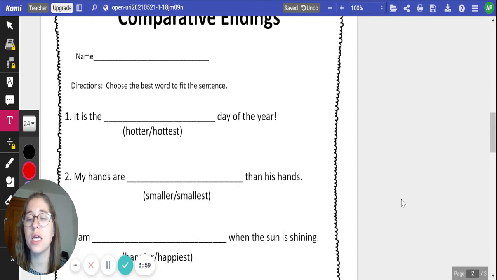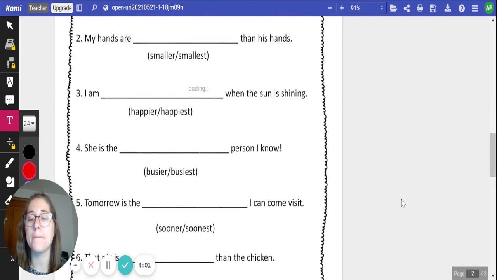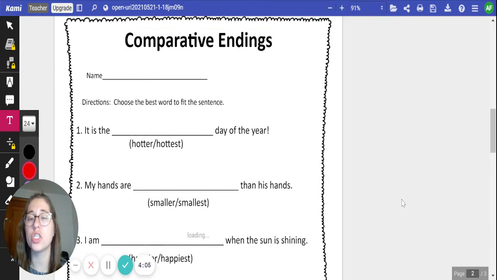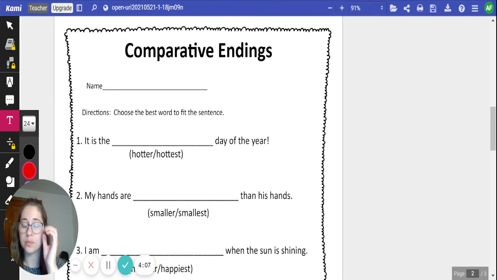All right, let's fill in some blanks. Go ahead and mark your paper from 1 to 6. We are going to choose the best word that fits in the sentence. We're going to be looking at our comparative endings to figure out which one to choose. Number 1, it is the blank day of the year. Hotter or hottest?